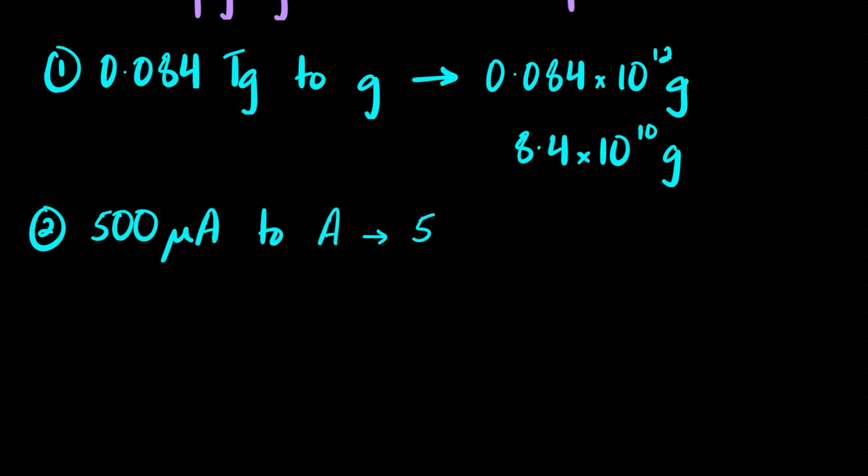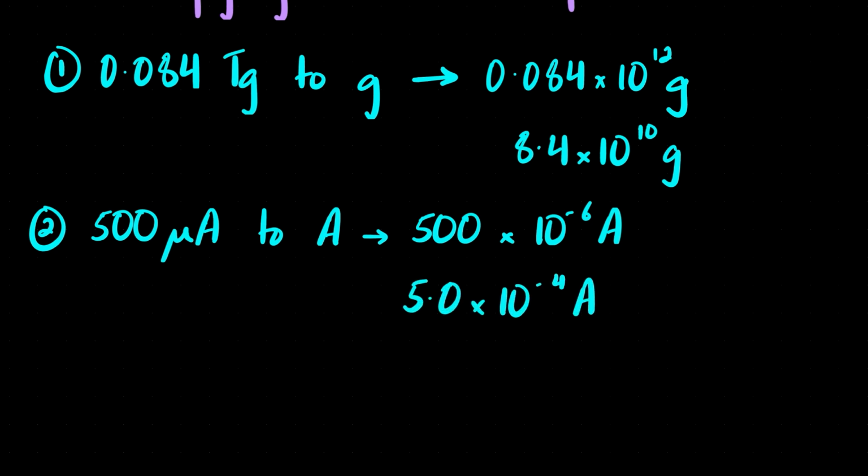Again, micro, I know that this is 10 to the negative 6. So 500 into 10 to the negative 6 amperes. Again, it's up to you. I can just take this back only as far as this so that this becomes standard form. And then I would say this is 5.0 into 10 to the negative 4 amperes, right?